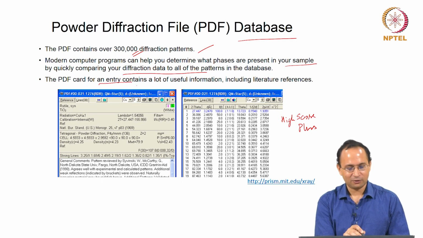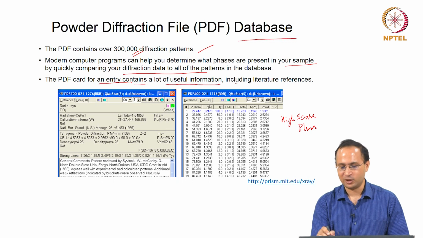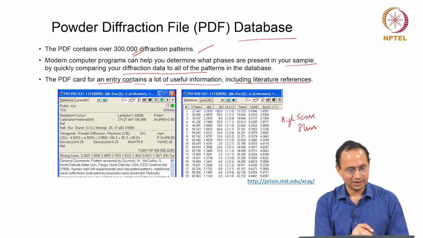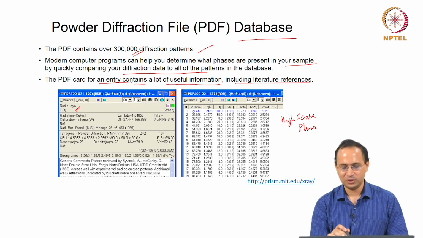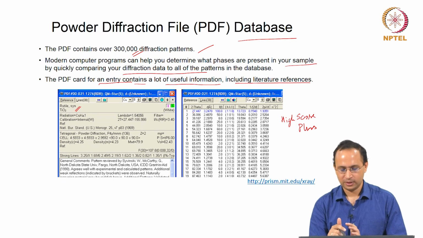Again, this PDF card for an entry contains a lot of useful information, including literature references. You have literature information, whether it is star quality data, what it is about, it's the rutile, space group, etc., crystal structure, and finally the diffraction 2 theta, d, I intensity, where 2 theta is the Bragg angle. So everything is available.